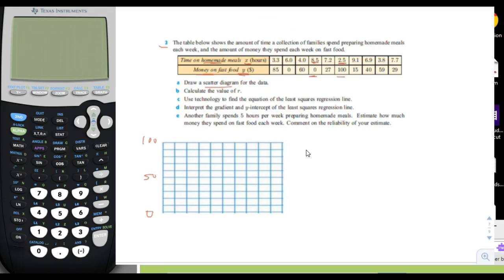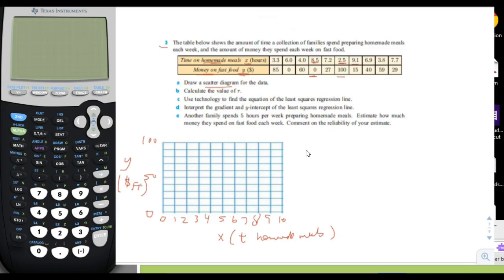And the x values are going to range from 0 to, it looks like 9.1 is the highest. So it'll be from 0 to 10. Okay? 1, 2, 3, 4, 5, 6, 7, 8, 9, 10. And so the x values is time making homemade meals, and the y value is money on fast food.